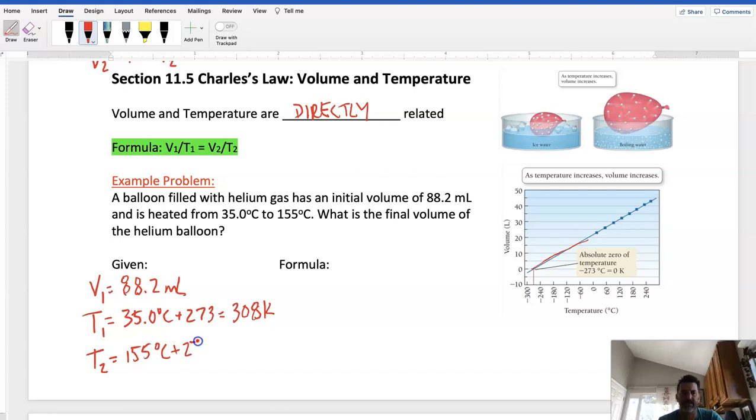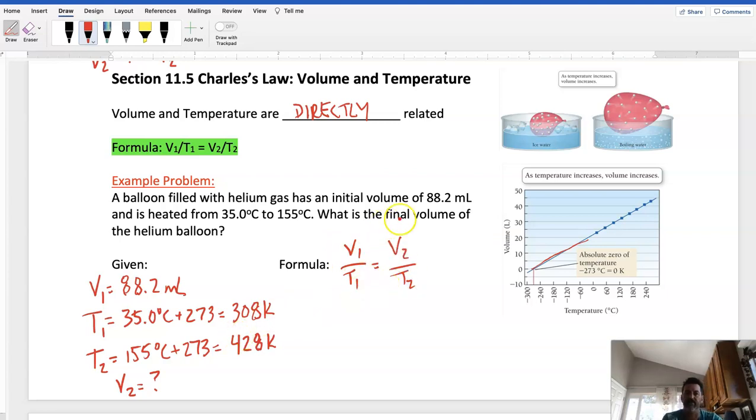I'm going to do the exact same thing. I'm going to add 273 because I need to convert this to Kelvin. When I do that, I get 428 Kelvin. Then it says, what is the final volume? What is my V2? Okay, so again, my formula is V1 over T1 equals V2 over T2.